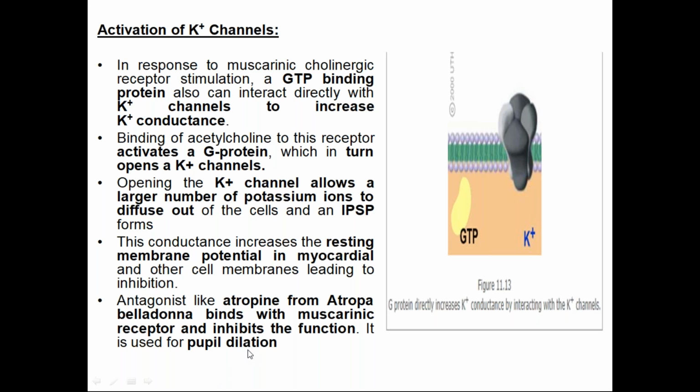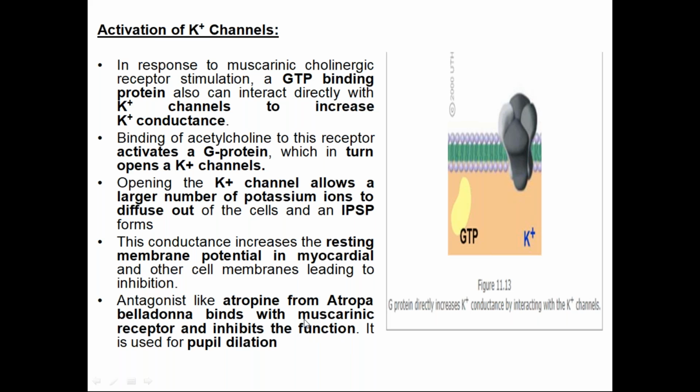It will inhibit this function and there is pupil dilation in the eyes. When you are going for dilation of the pupil, at that time atropa belladonna, or atropine, an antagonist, is given. This is very important. This is asked in CSIR, and there is a possibility that it can be asked again. So remember the name of this chemical and what it binds to.